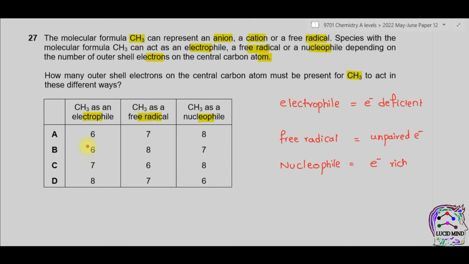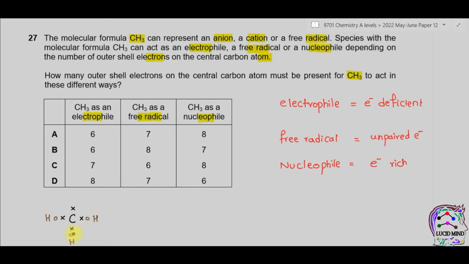We can draw the structures. So we have carbon atom. Carbon atom has got 4 electrons in the outermost shell. As we have 3 hydrogen atoms, so 3 bonds will be with 3 hydrogens. 1, 2, 3.